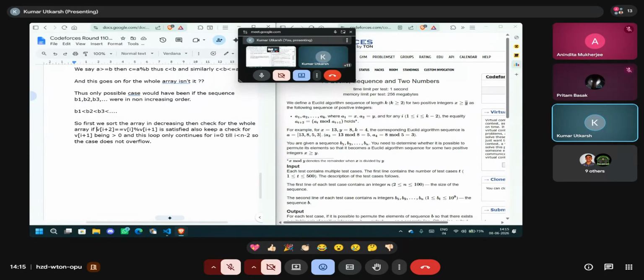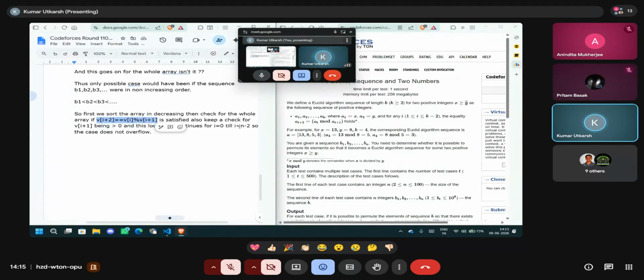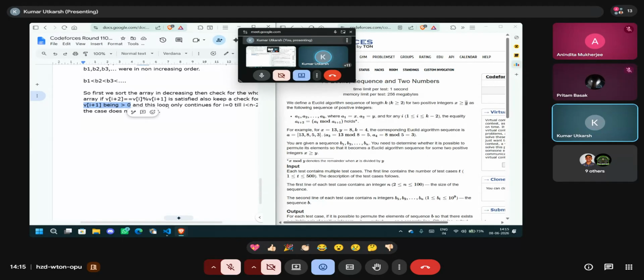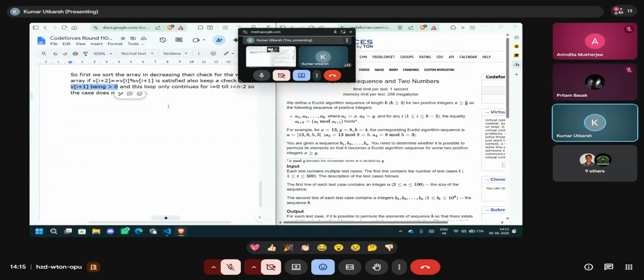And for each, we need to check that the element at the third index is the first index mod the second index, right? And we also need to check vi is greater than 0, as we cannot have vi plus 1, the second value which we are taking the mod from, to be zero, right?